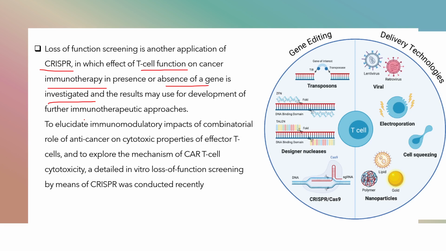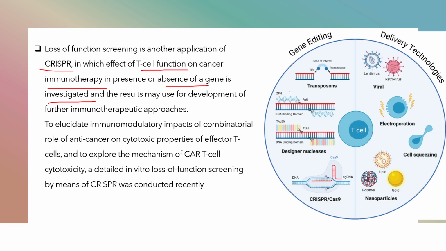Okay, so basically you can see here the whole thing is written in a kind of schematic representation. This is connected with T cell, and this left part shows the gene editing and the right part shows the different types of delivery technologies. So how can gene editing happen?